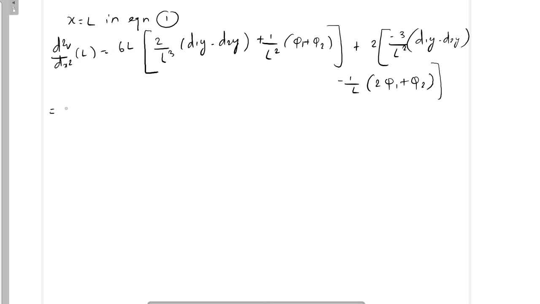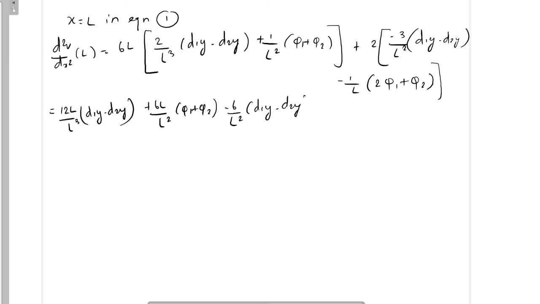So if you multiply this, 12L by L cube (d1y minus d2y) and 6L by L square (pi 1 plus pi 2) minus 6 by L square (d1y minus d2y) minus 2 by L (2 pi 1 plus pi 2).